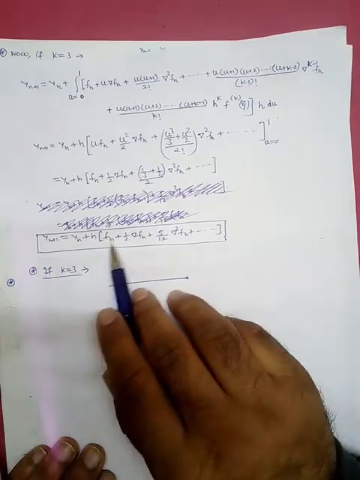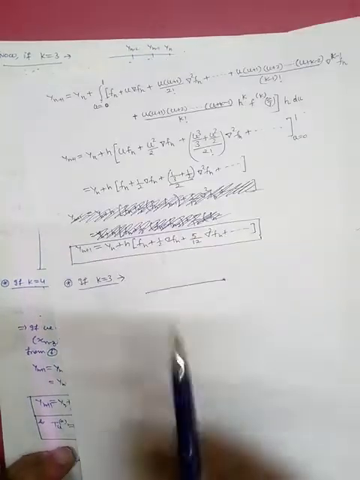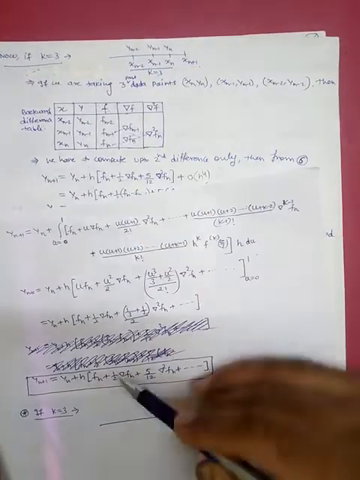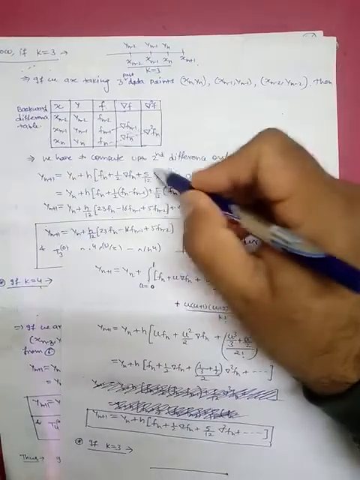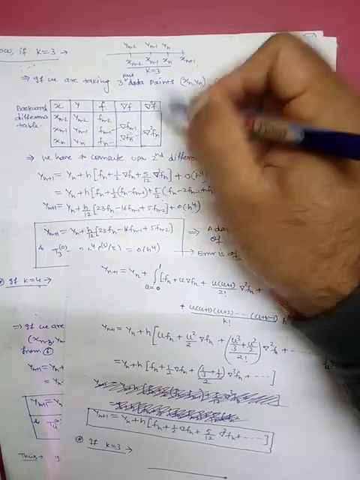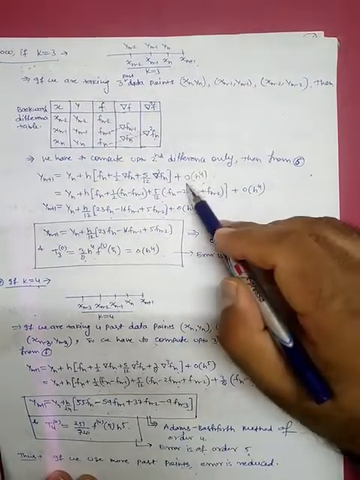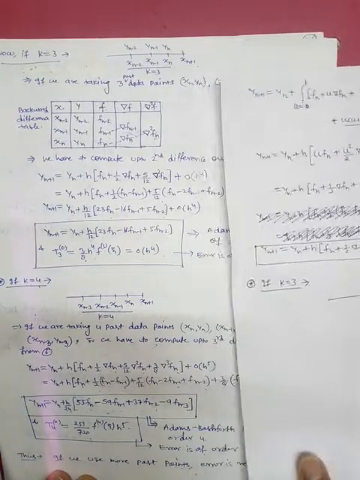Okay, so that's why the formula will be up to this: yn plus 1 is equal to yn plus h, first difference yn, then this term, and then this term. That's why I have written only up to here, because we can calculate only up to the second order difference. Okay, and the error will be of order h raised to the power 4, and this is decided by the error term.